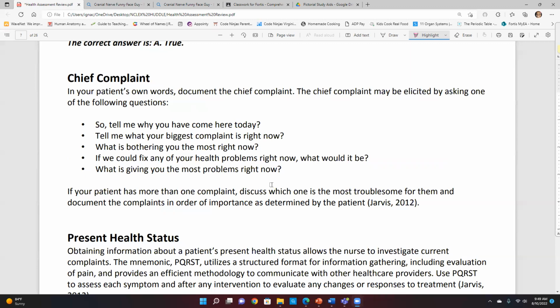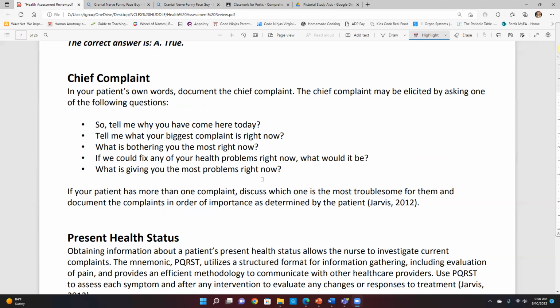So the chief complaint, so we're going to get down into the details here. The chief complaint, tell me what you have, what brings you to the office today. So these are questions you're going to ask are open-ended questions, and really you're going to listen to what the patient is saying. You want to make direct eye contact. You don't want to be charting and not looking at the patient, right?